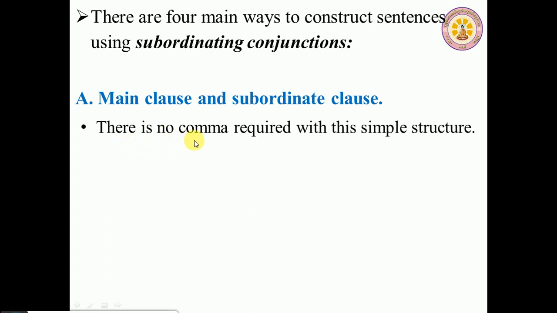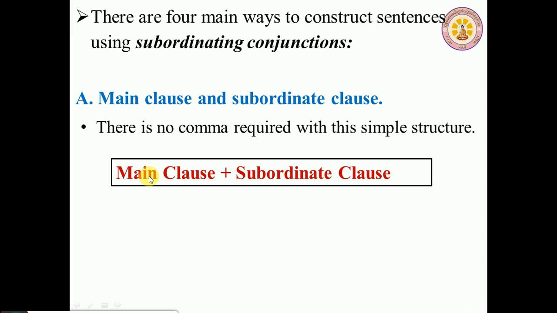There is no comma required with this simple structure. When the main clause stands before the subordinate clause, there is no need to use a comma. This is the structure: main clause plus subordinate clause.